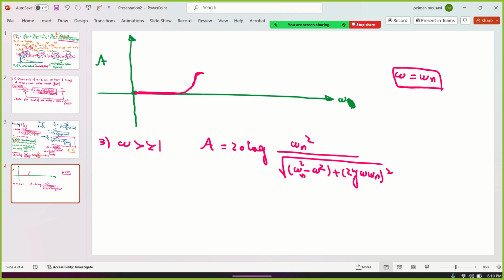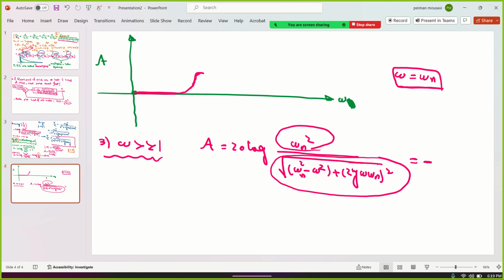If that is the case, obviously the denominator is gonna be much greater than the numerator, which means this is gonna be a negative number.